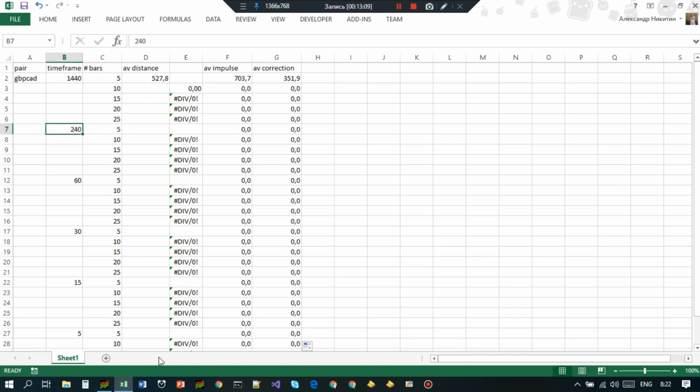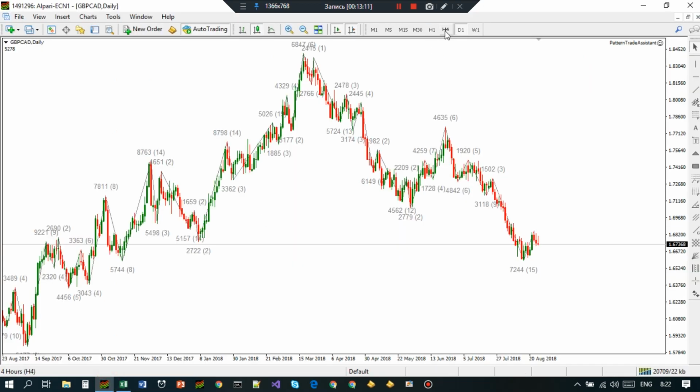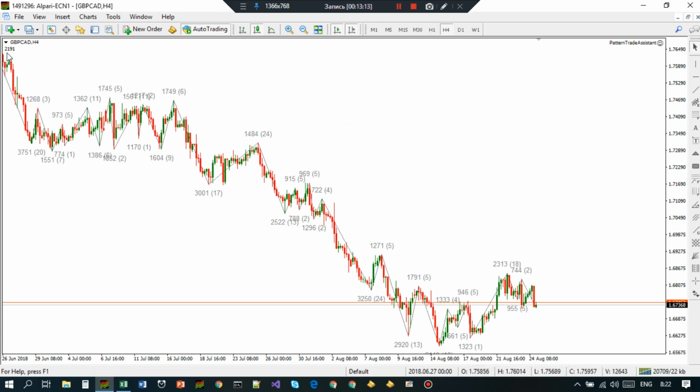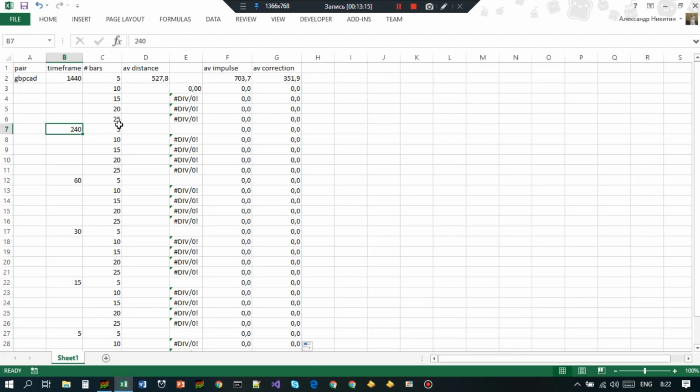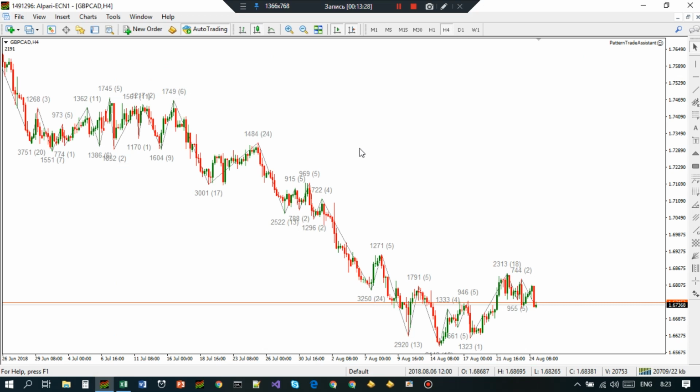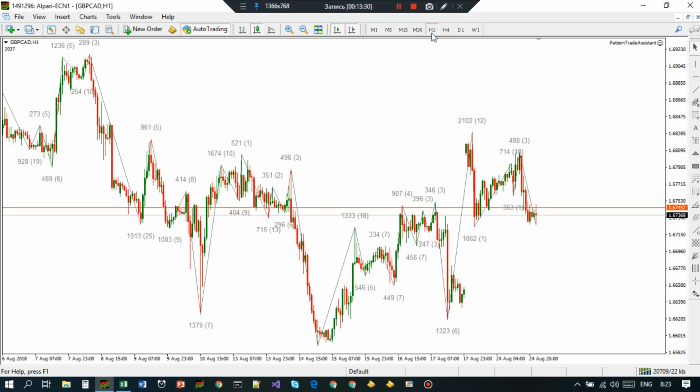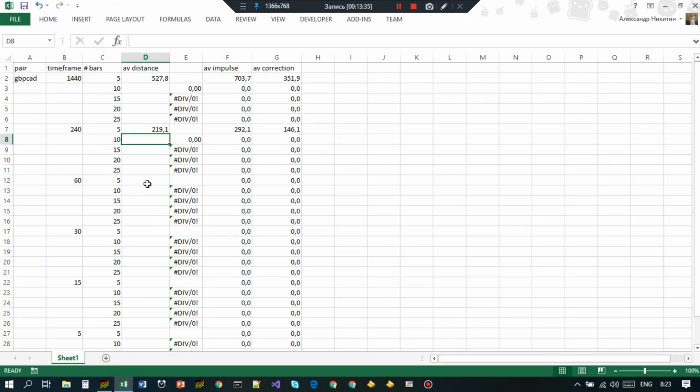Let us switch to 4 hour, and we will have our number, and it is 219.1. And you see the average impulse and average correction is calculated in pips. Let's switch to 1 hour, and we have 103.7.